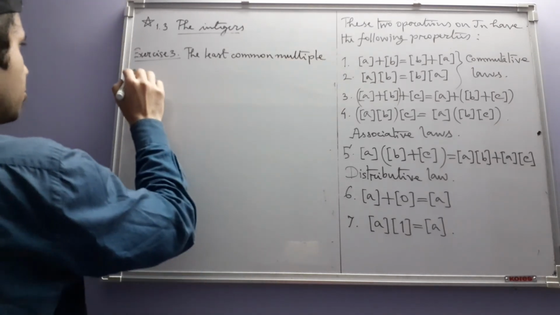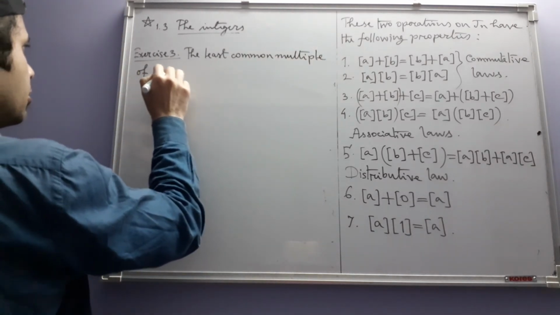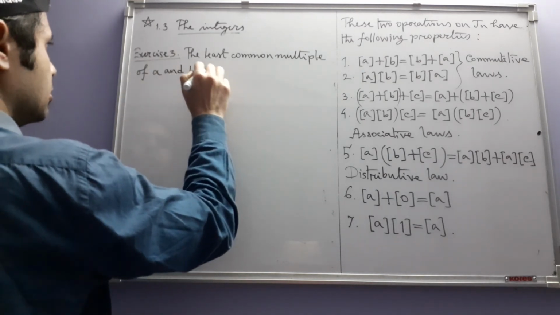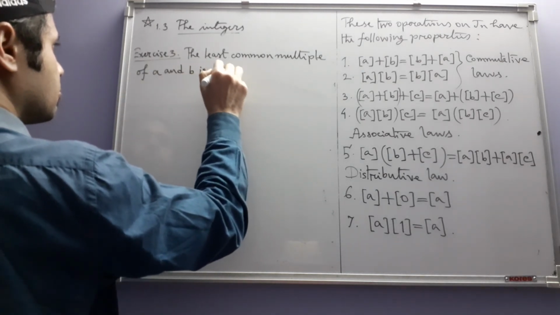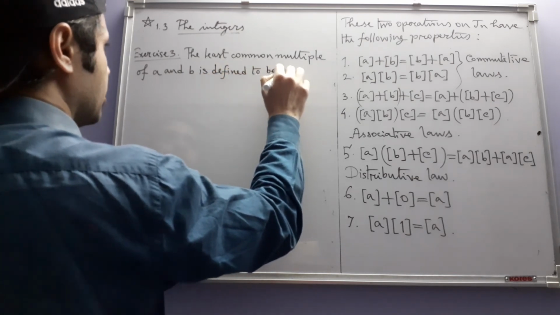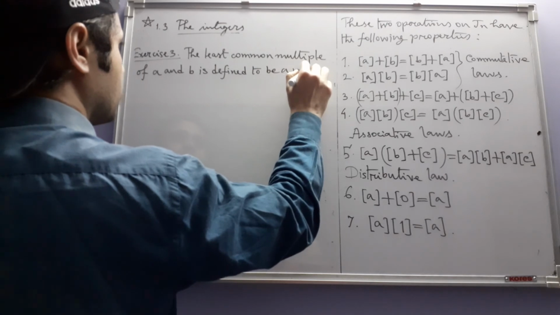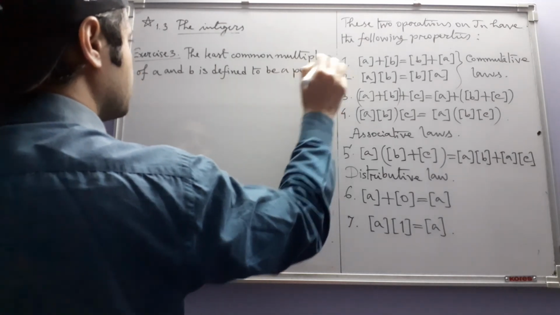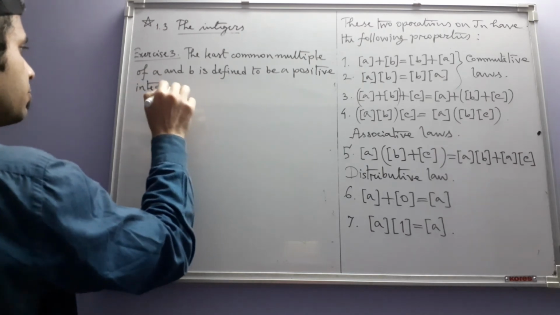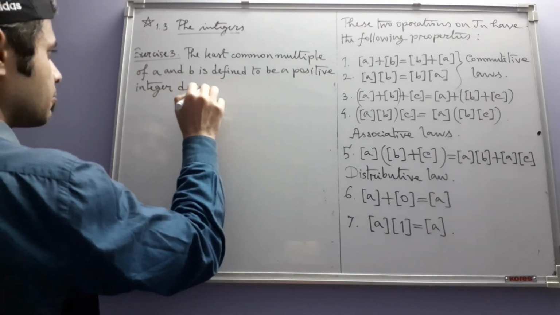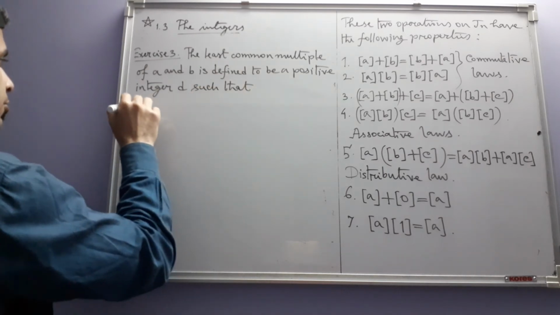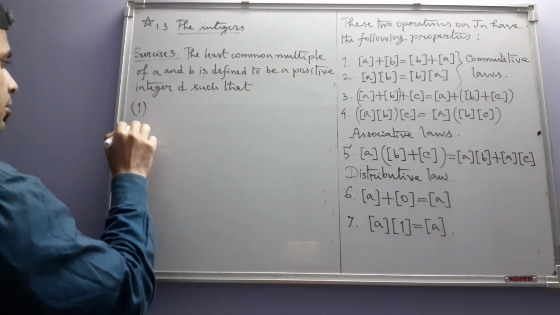So what this says: the least common multiple of integers a and b is defined to be a positive integer d such that the following two conditions are true.